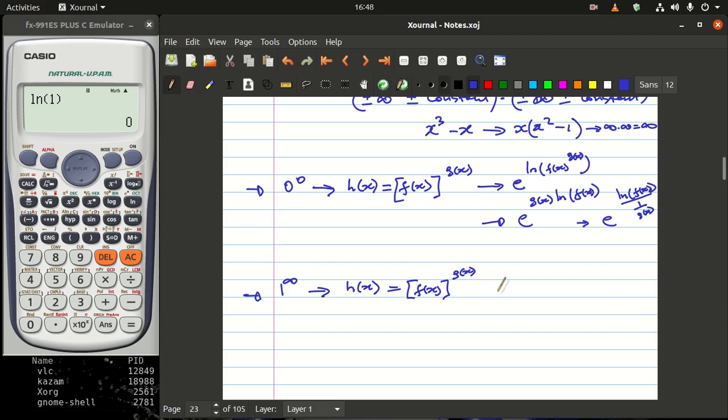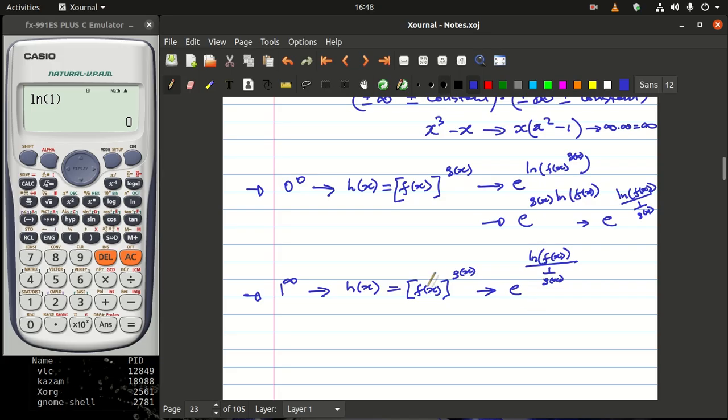I hope you get what I'm trying to say here, because this whole thing is also saying that you need to change this to e raised to ln of f of x divided by 1 over g of x. Let me see what is basically going to happen here. How did we end up with this whole thing?